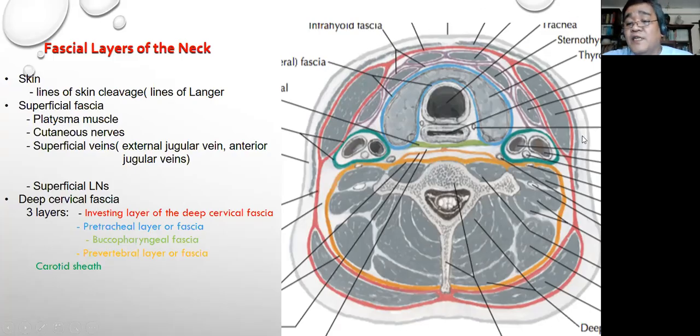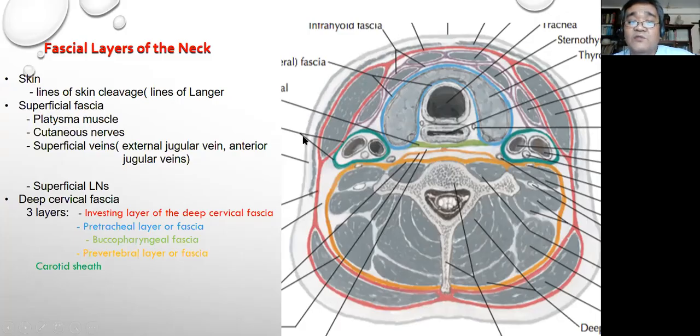Okay, this superficial fascia contains variable amount of fats depending on the habitus of the individual. It also contains blood vessels such as your anterior jugular vein, cutaneous nerves, lymphatic vessels, as well as a very peculiar flat muscle, known as your platysma muscle. Okay.